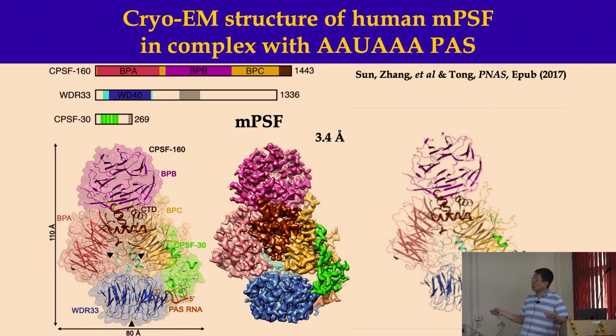CPSF160, in terms of domain architecture, has 3 beta propellers. Remember beta propellers? A 4-stranded beta sheet winding around the propeller. So there are 3 beta propellers, color-coded the same way here. And then WDR33 is almost the same size as CPSF160. It has a WD40 domain right here. You remember WD40 forms a beta propeller?